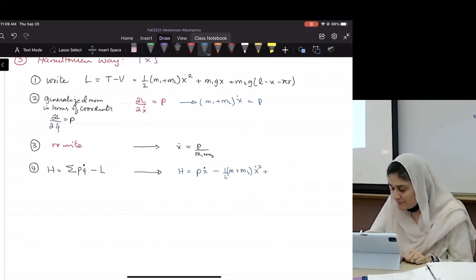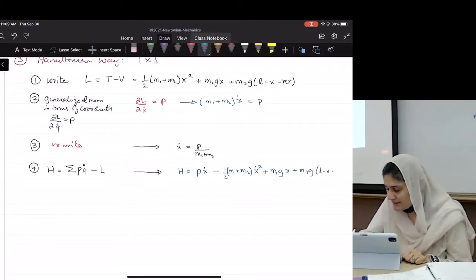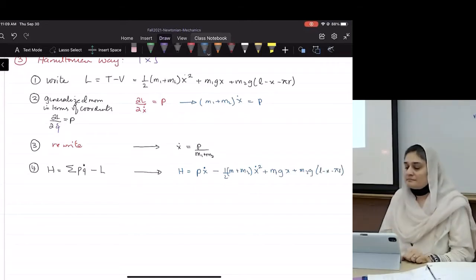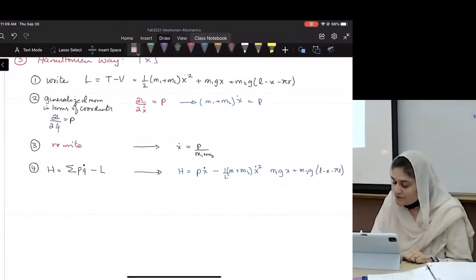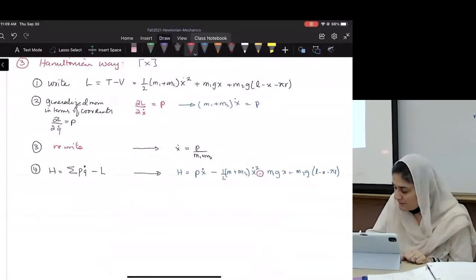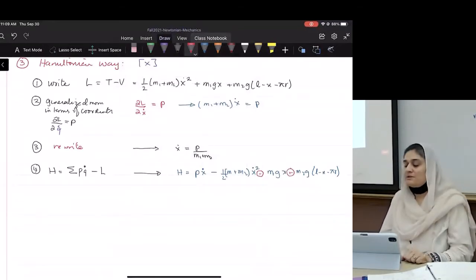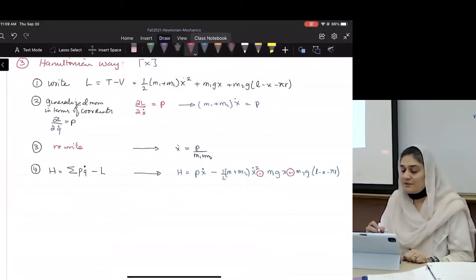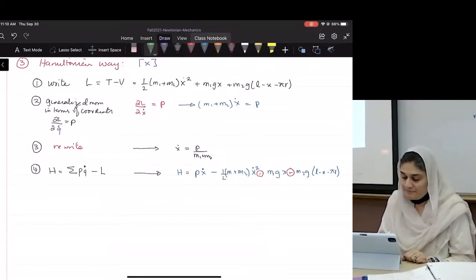(M1 plus M2) X dot squared plus M1gX plus M2g(L minus X) minus pi R. So far, so good? This should now become a minus, and this should now also become a minus. See how those changed?